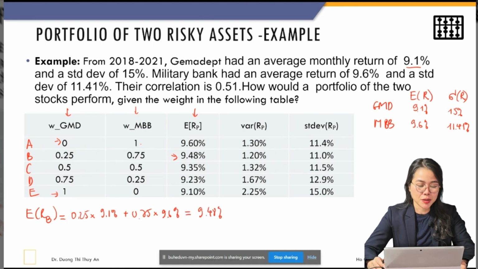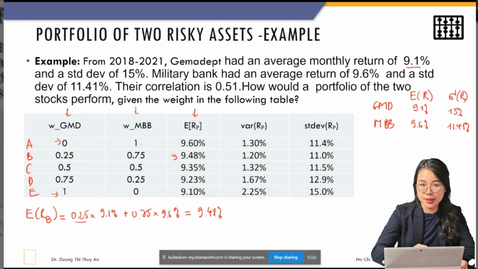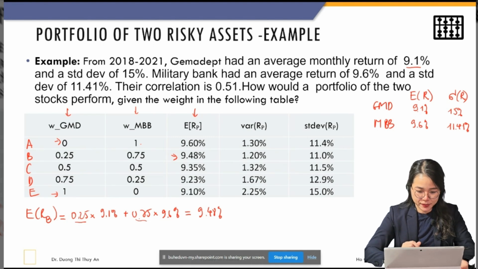So this is the expected return of portfolio B, which comprises 25% of GMDEP and 75% of MPP. It's 9.48%. And please do it for the rest of the portfolios.